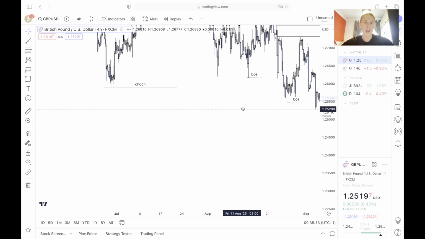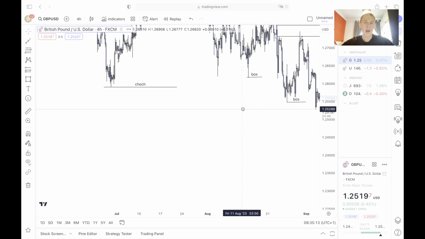So at the moment, the main two areas that I'm focusing on are, first of all, this sort of 2 hour level of supply here, which aligns with a break and retest of this previous structure. And then the second level would be this premium level of supply up here, which swept liquidity to the left, and we also have this area of trendline liquidity below it as well.